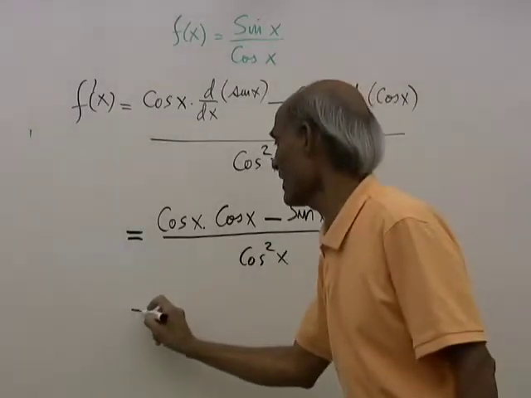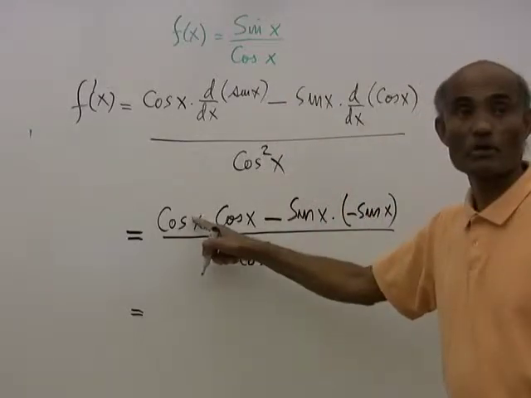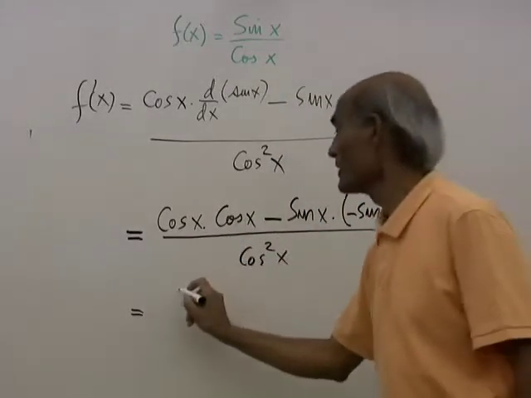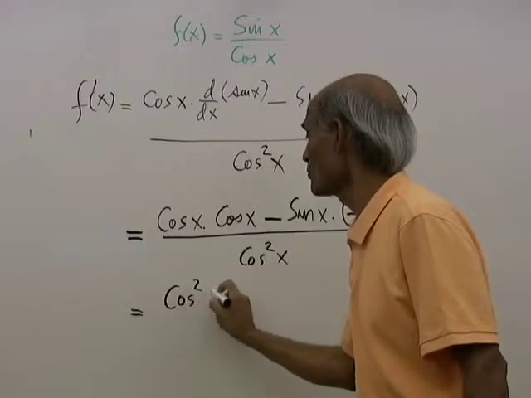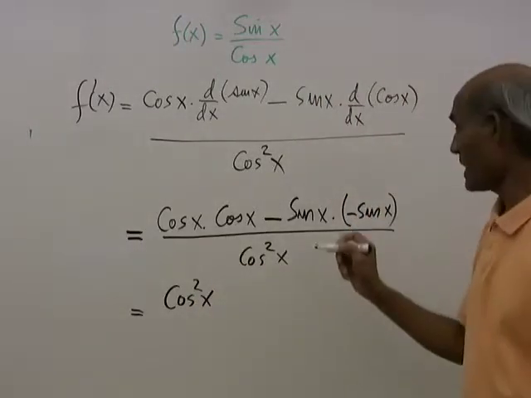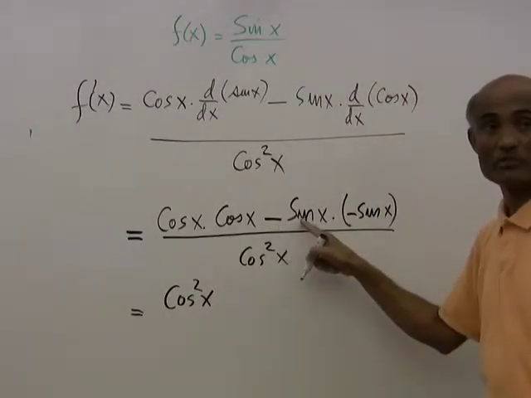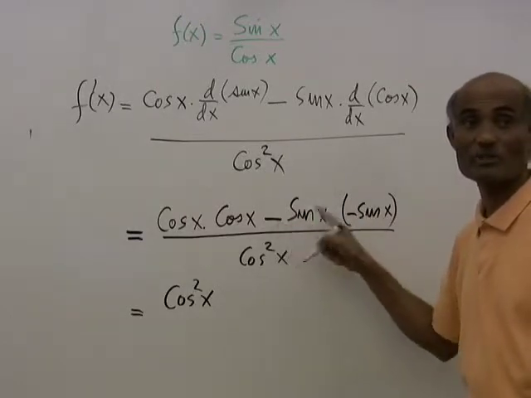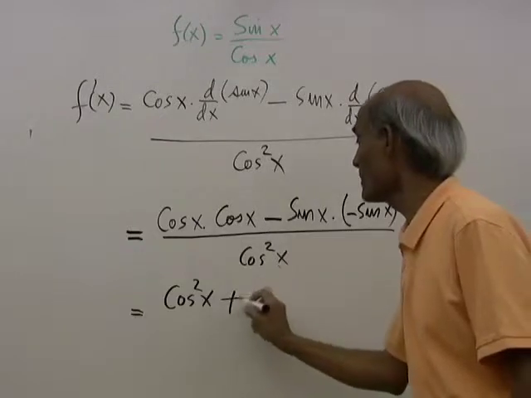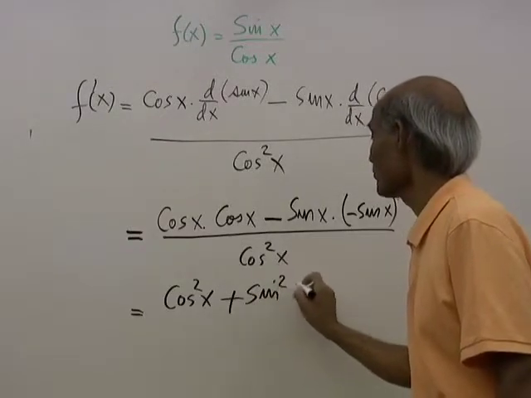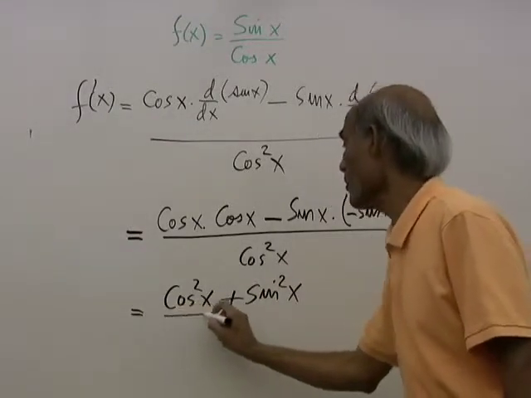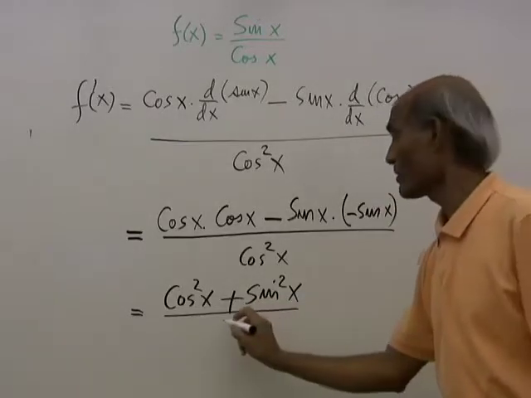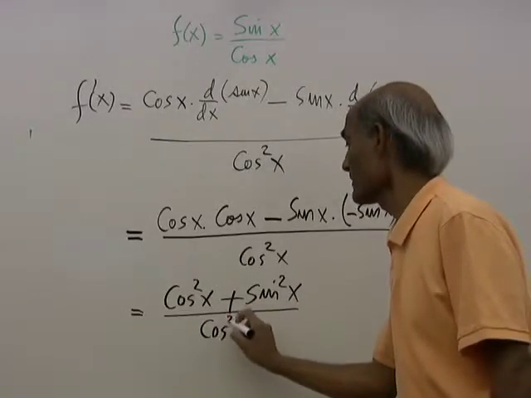Alright, help me simplify this. That will be cos x times cos x is cos squared x, and look at this, minus sine x times negative sine x. The two negatives become positive, so that will be plus sine squared x all over cos squared x.